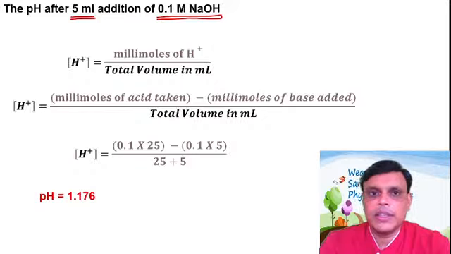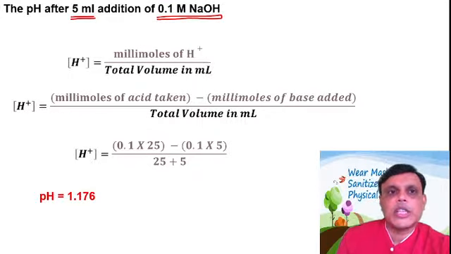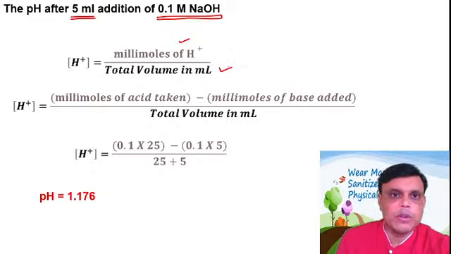Now see on your screen. I have solved this for you people. See how you will calculate. This is the formula: H plus. Ajinkya Sarve is saying pH is 1.176. Correct. H plus is equal to millimoles of H plus divided by total volume in ml. So how will you calculate millimoles of H plus?